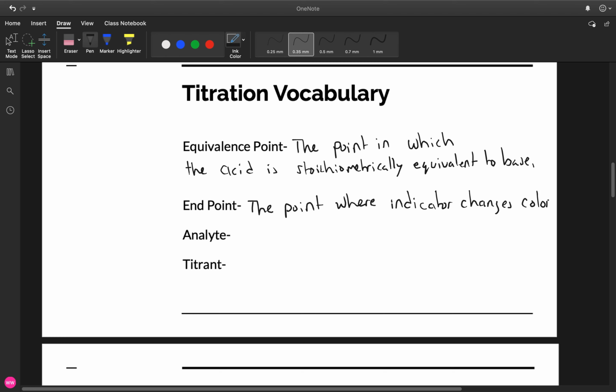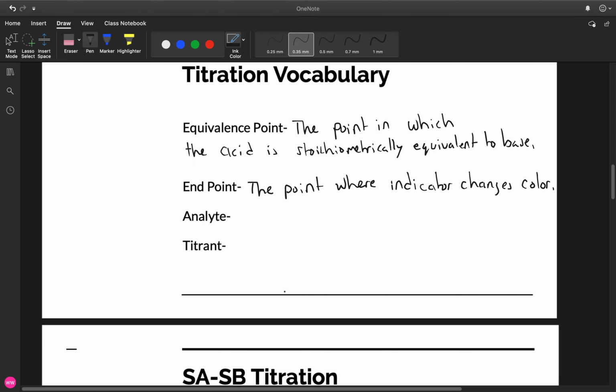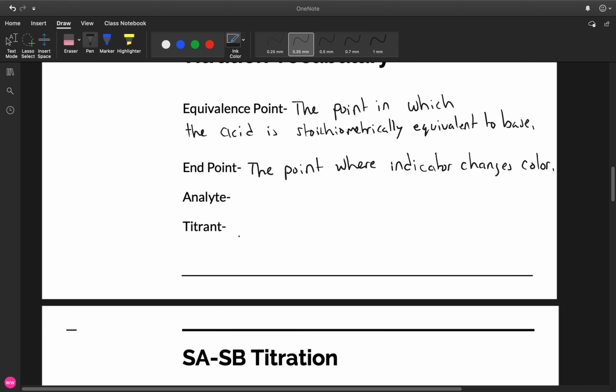Now, this is important to define because this is not exactly the same point as the equivalence point, because we as humans have some sort of uncertainty or error when we actually measure things. So the equivalence point is going to be exactly the point in which the base is equal to the acid or the acid is equal to the base. The endpoint is just where we observe that to happen.